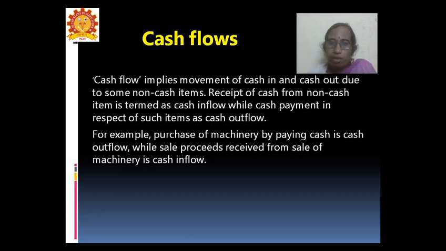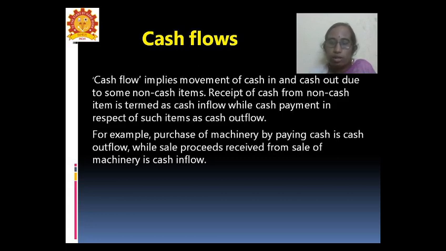So here we are representing various payments of the cash, and only the cash outflows are being taken here. An example is the purchase of machines, which is a payment of cash outflow, and the sales proceeds received from the sale of machinery is a cash inflow.